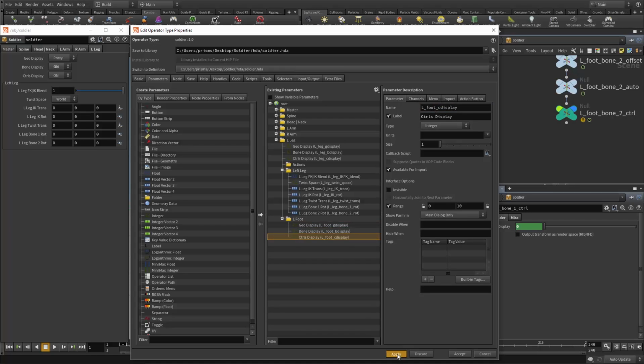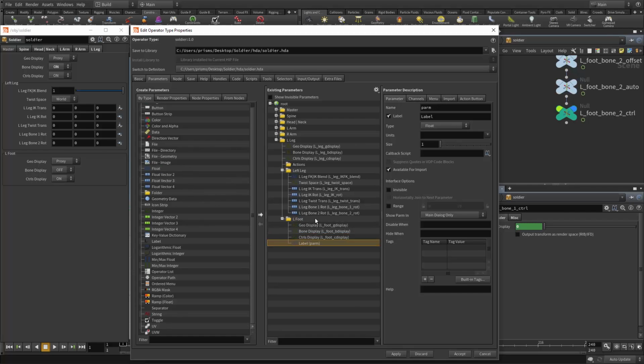So you can see as soon as I hit apply, that warning went away, because now this is a valid channel. All right, so for our reverse foot controls, we're going to need a series of float parameters. And the first one we need is called left foot roll. And this parameter is going to have a range of -10 to 10.